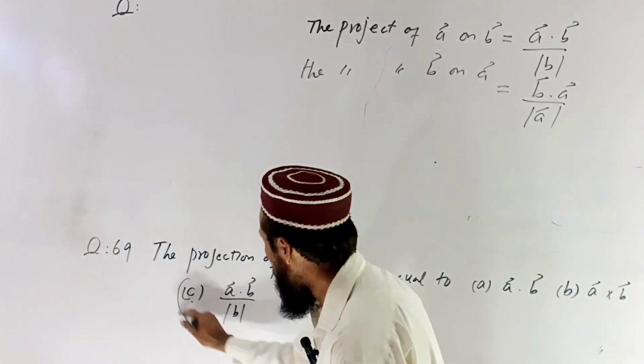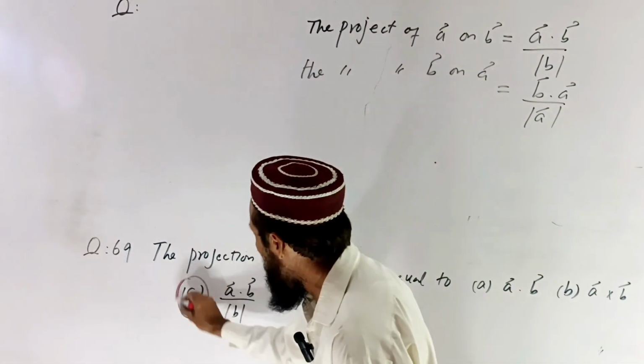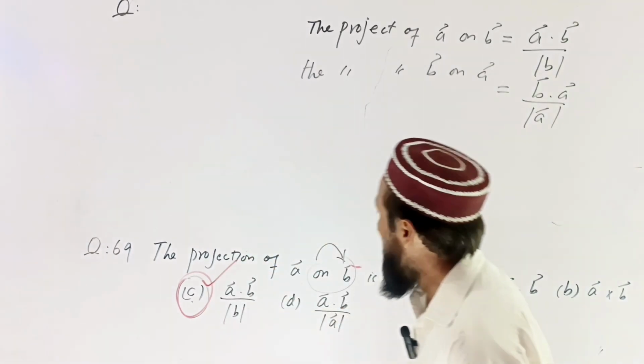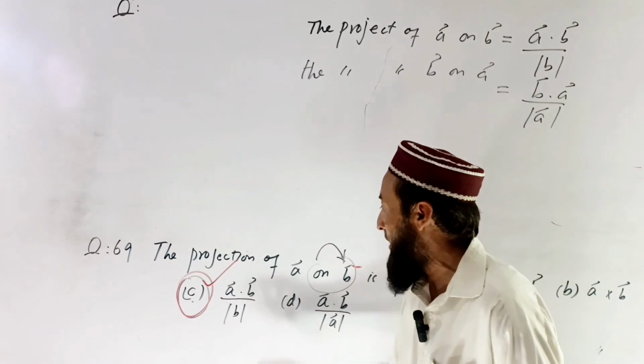A on B, the correct answer is C. This option is correct according to the definition of the projection of a vector on B. So the first option is correct, option C is correct here: A dot B over the magnitude of B.